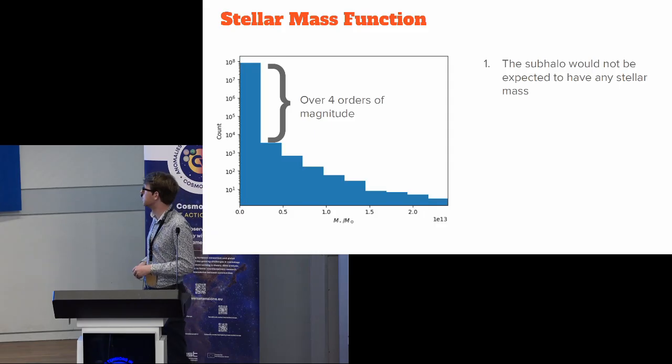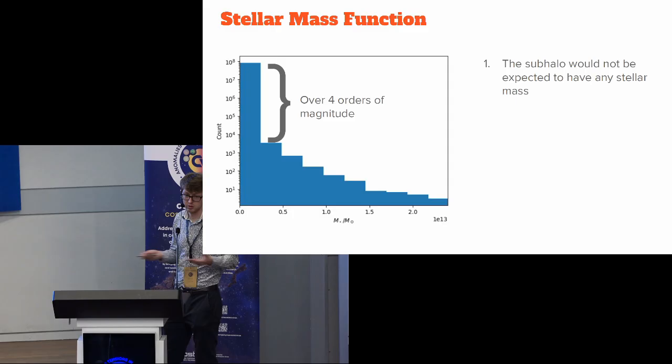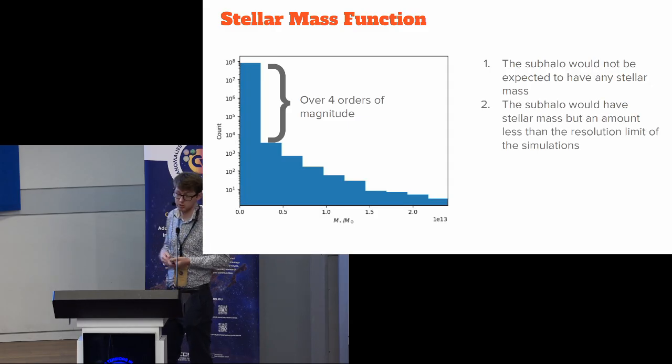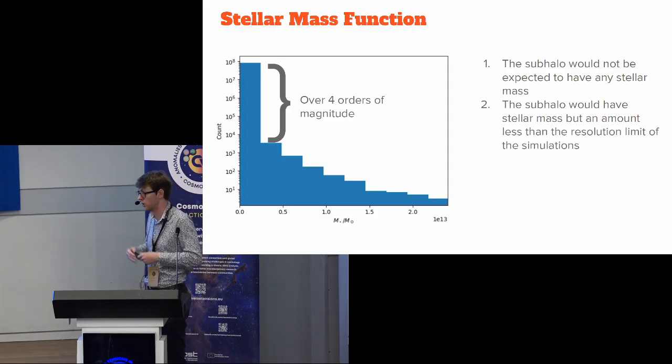And there's a couple of reasons why this occurs. It could just be that the subhalo just actually wouldn't have any stellar mass in, but also it can be due to resolution limitations of the simulations. So perhaps we would expect the halo to have 0.1 particles worth of stellar mass in, which is just going to manifest as no stellar mass.